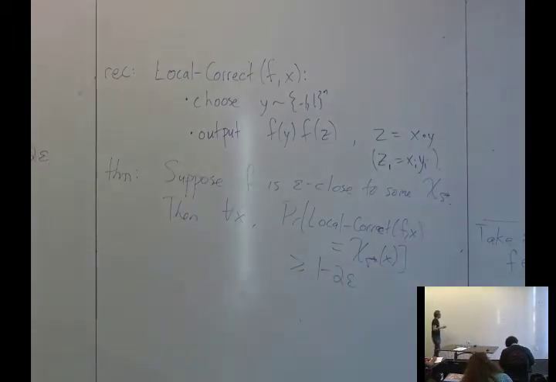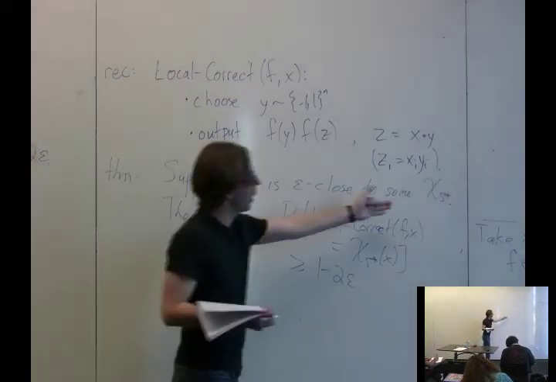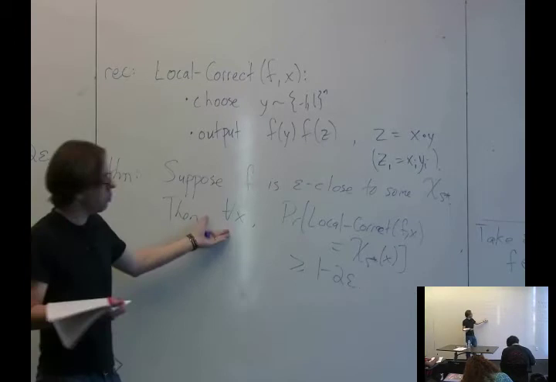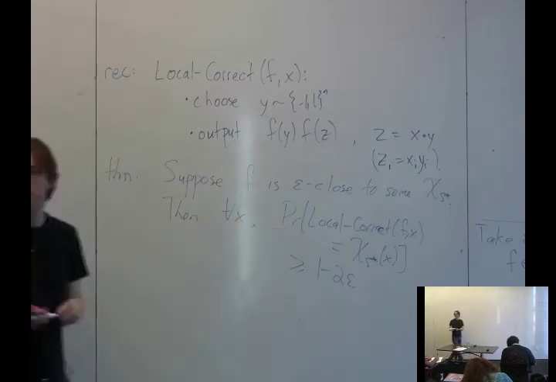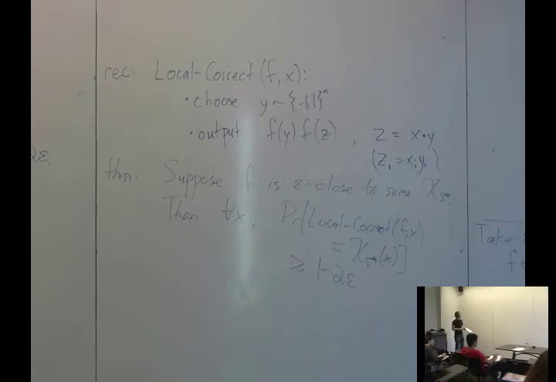So if you somehow know that f is indeed close to a parity, not only can you get its value correct on most points, for all points you can get its value correct with high probability. We'll use this as a subroutine later when we're designing some other testing algorithms.